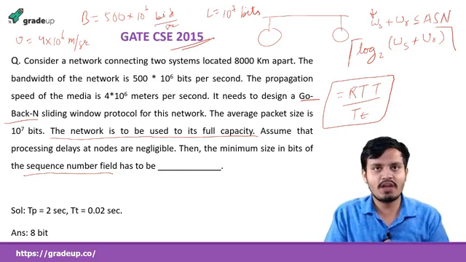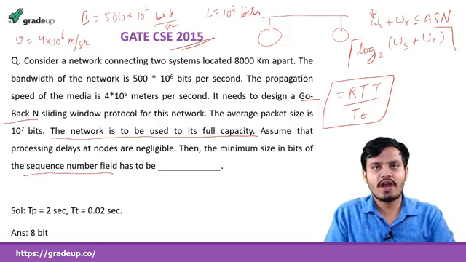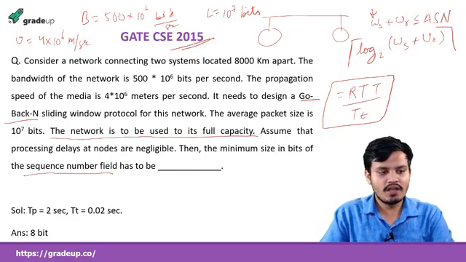Don't remember any formula. Anywhere in computer science I don't feel there is a need to remember formulas, you just need to understand the concept. So here, in one round trip time, how many packets are we able to send? It is divided by the transmission time and we get the sender window size. Here I have calculated two values so that it will be easy.